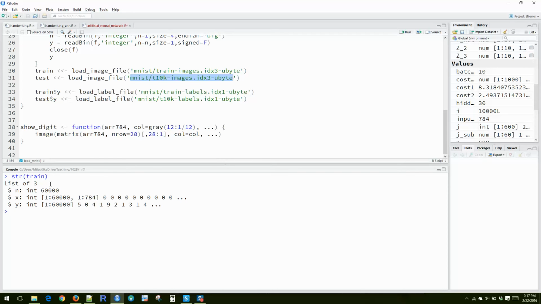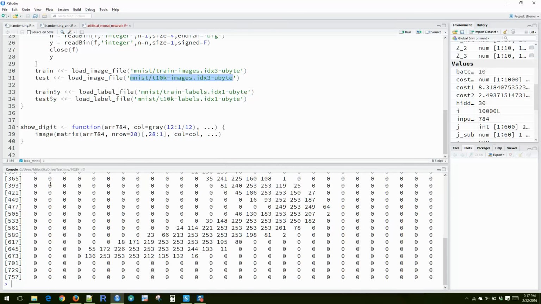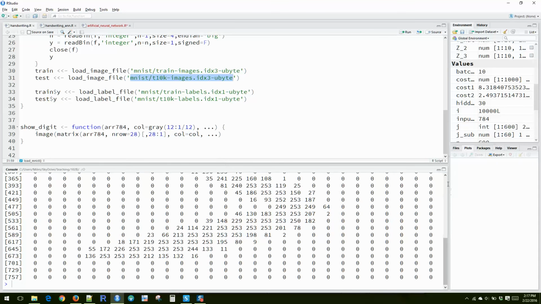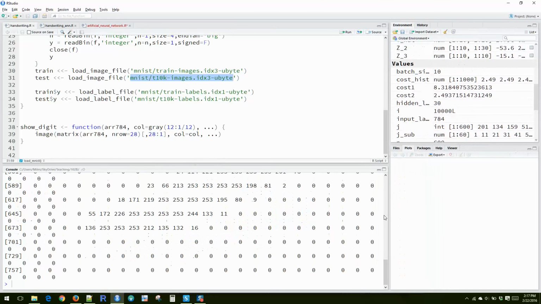Okay, so we can say what's train$x, and we'll just look at that first row. Okay, this first row. So this is just a vector, right? It's just a vector, and let me just show you. So this is 784 numbers, okay?